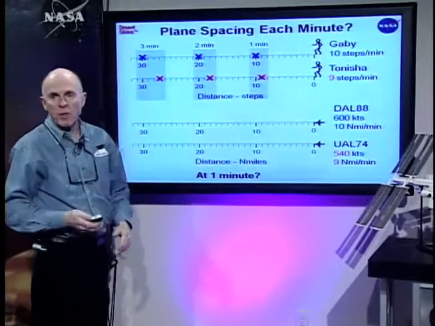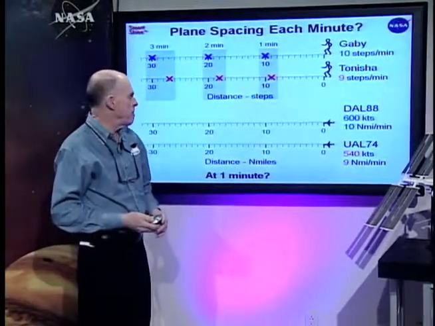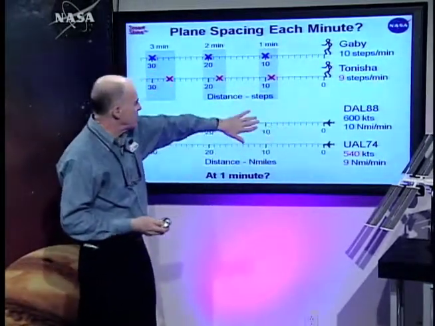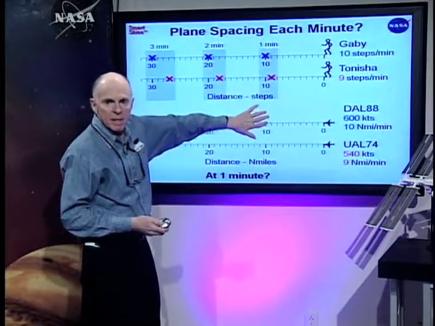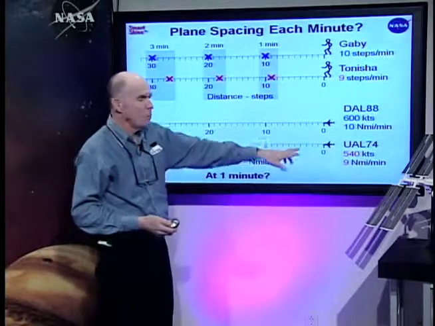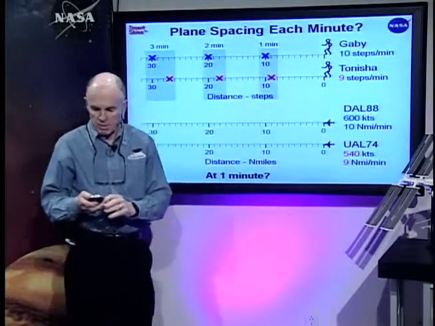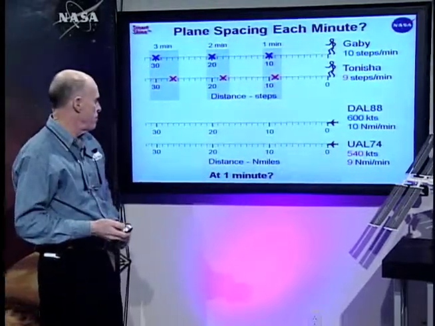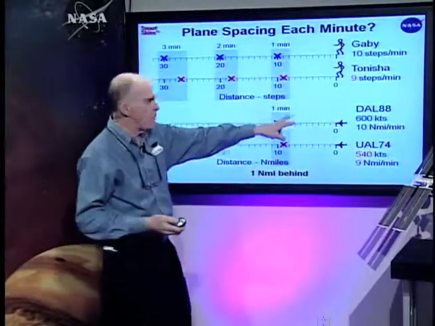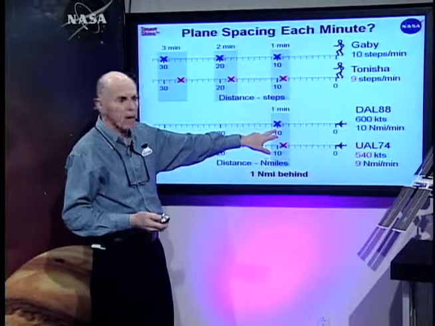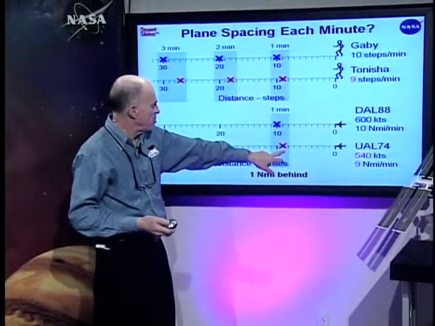So I'm going to ask you a question a little bit differently than Miriam did. Where is Delta 88 in 1 minute? And how far behind will United 74 be? The answer is 10 miles in 1 minute. Just like Gabby, and this plane has fallen back.